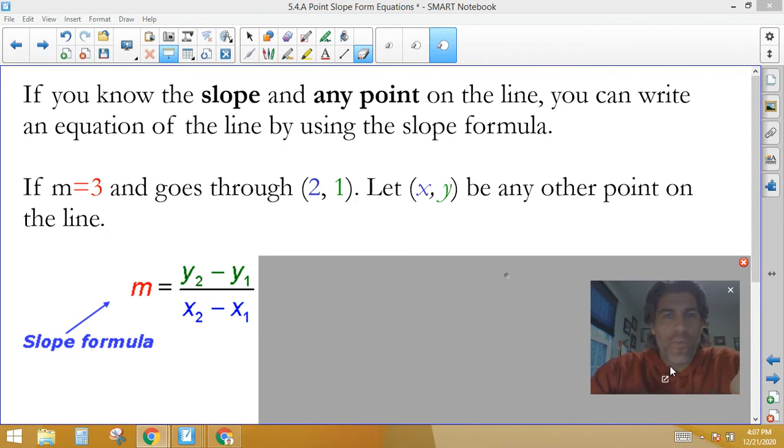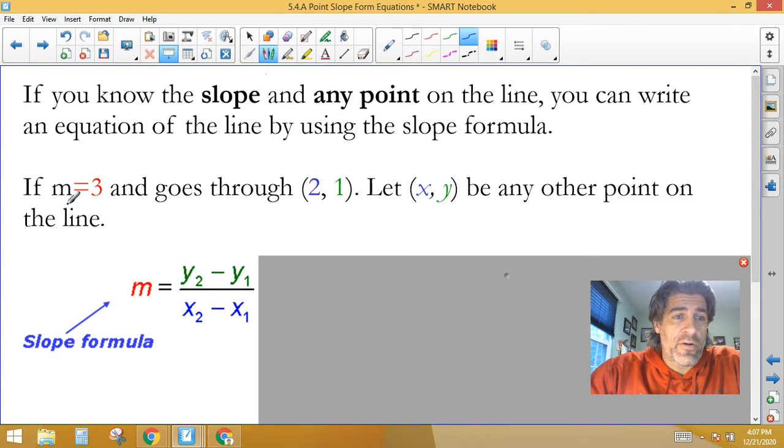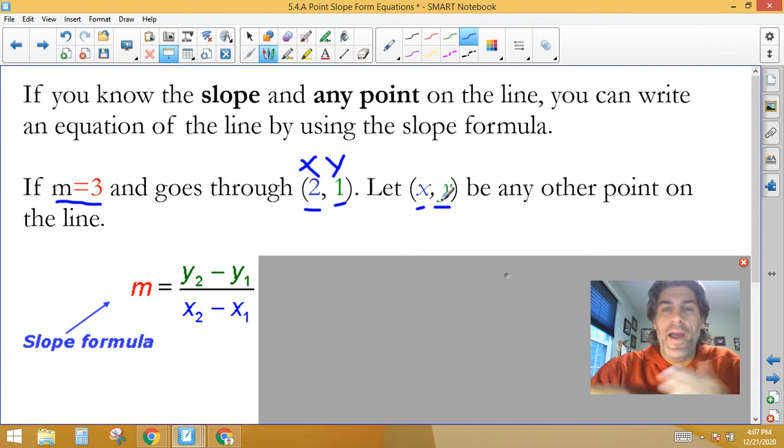For this example, I'm just going to use these numbers. I'm going to say that our slope is 3, and it goes through the point (2, 1). 2 is our x, 1 is our y, and I'm going to let x and y, the letters x and y, be another point on that line. I don't know what that value is, so I'm just assigning it x and y.